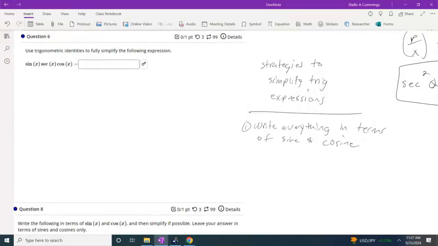So that's the first thing you should do. You should try to write everything in terms of a sine and a cosine. The second thing you can do is you can factor trig functions. And you can also substitute.